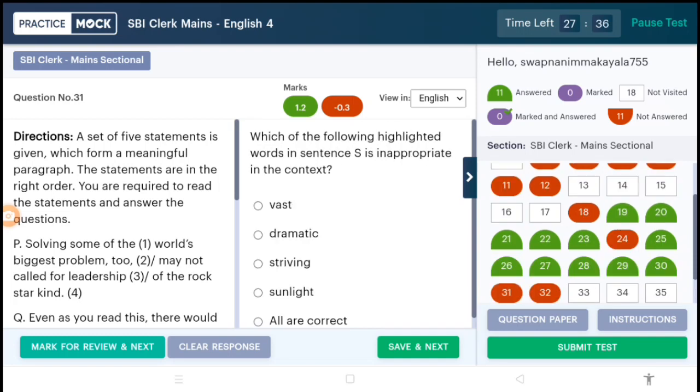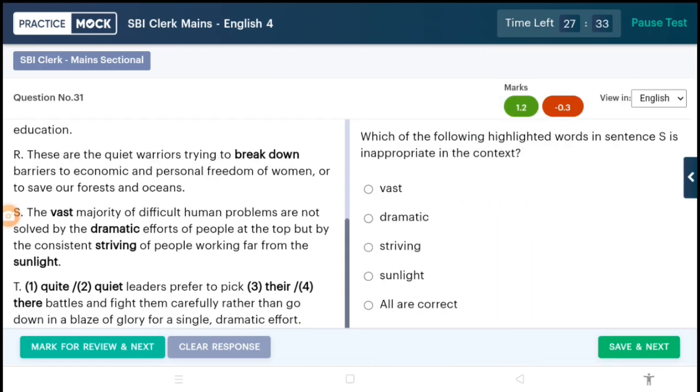Next, 31. The vast majority of difficult human problems are not solved by the dramatic efforts of people at the top, but by the consistent striving of people far from the sunlight.